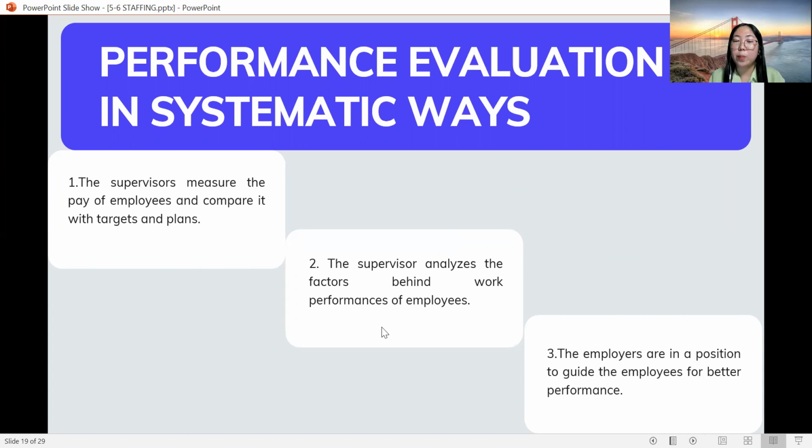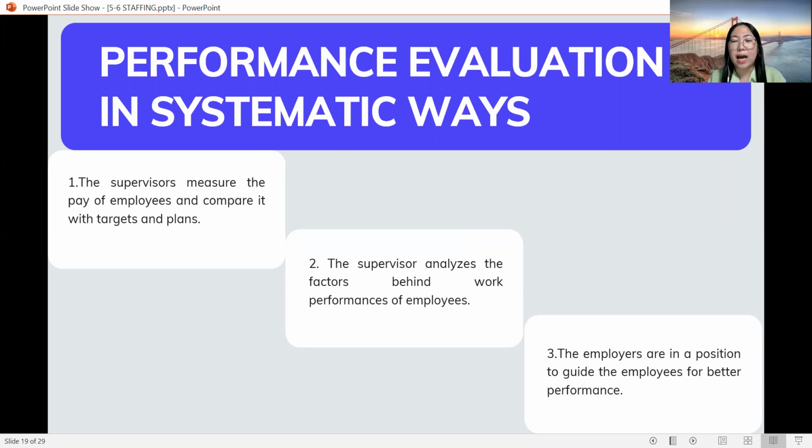Number two is a supervisor analyzes the factors behind work performance of our employees. And yung number three natin is the employers are in a position to guide the employees for better performances.